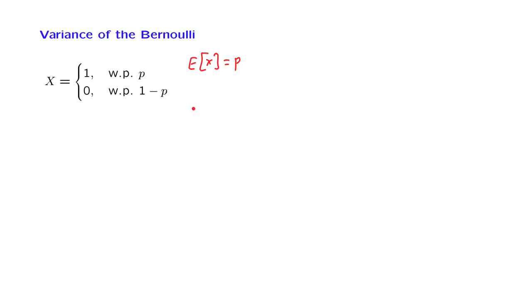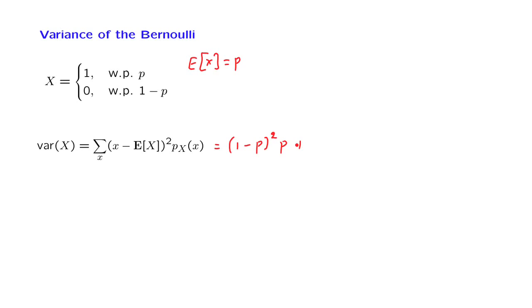One way of proceeding is to use the definition and then the expected value rule. So if we now apply the expected value rule, we need a summation over all possible values of x. There are two values, x equal to 1 or x equal to 0. The contribution when x is equal to 1 is (1 minus the expected value, which is p) squared, and the value of 1 is taken with probability p.